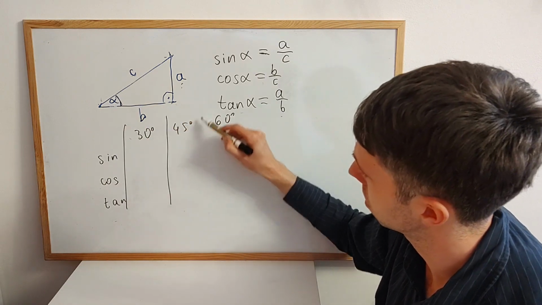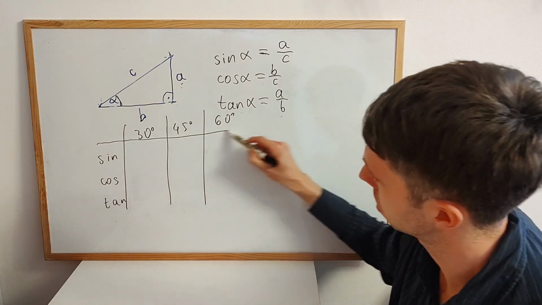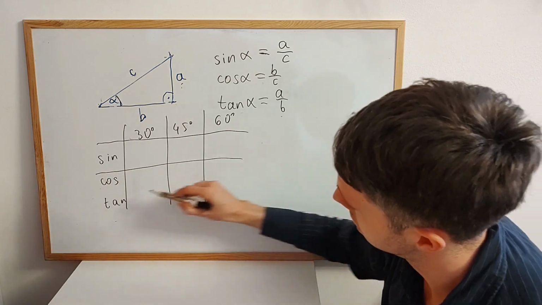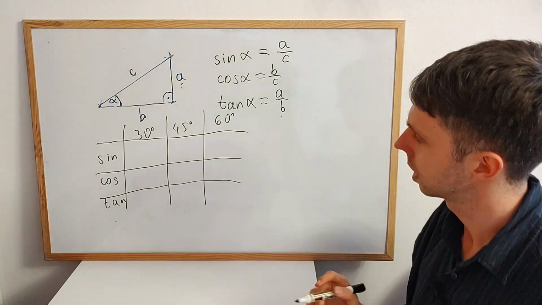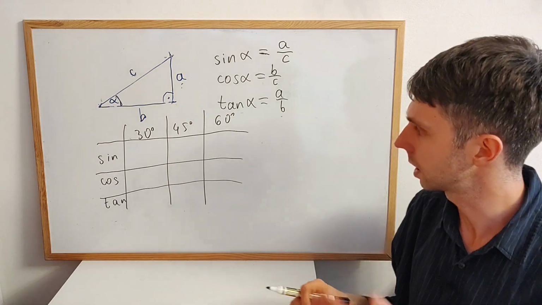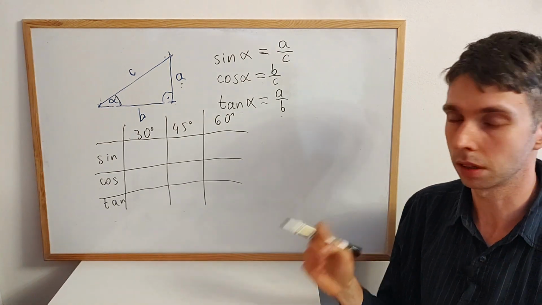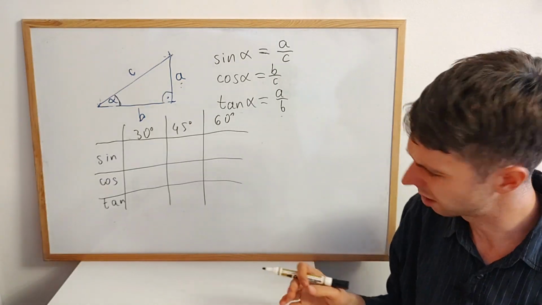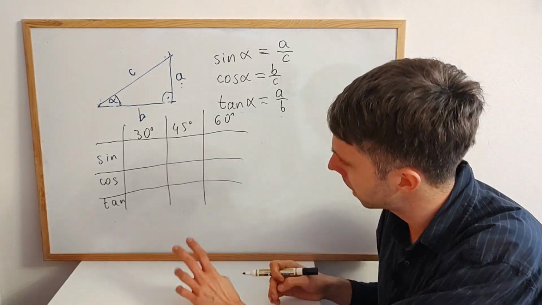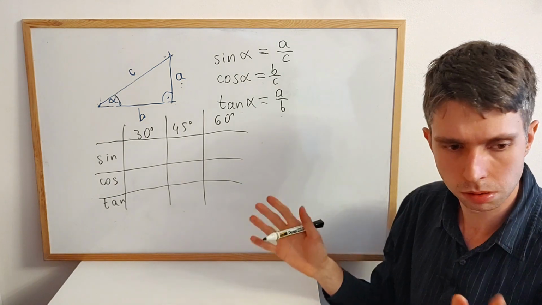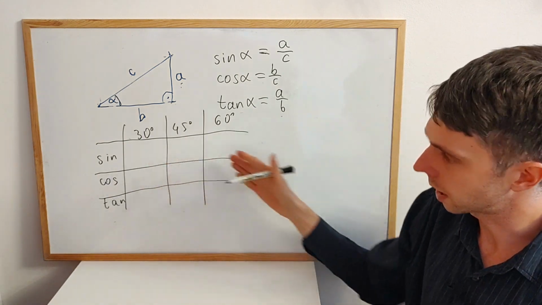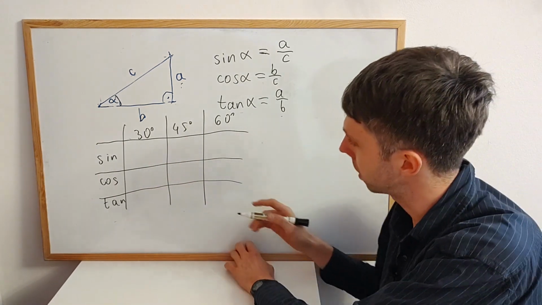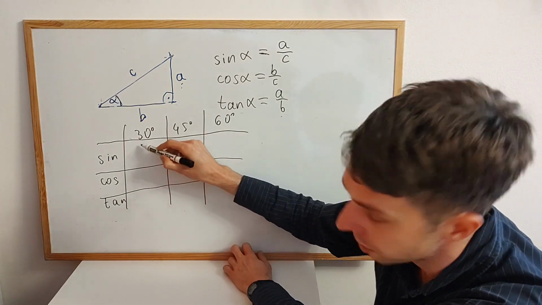I don't think you need to learn this by heart, because nowadays you can easily find such a table on the web, but it's good to know that they have pretty simple values, and if you summarize, they look pretty nice.